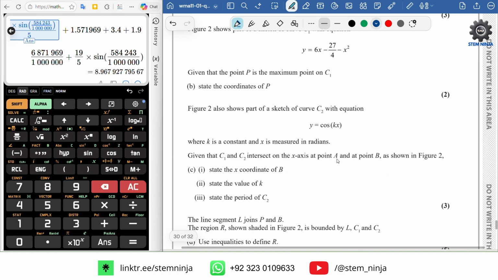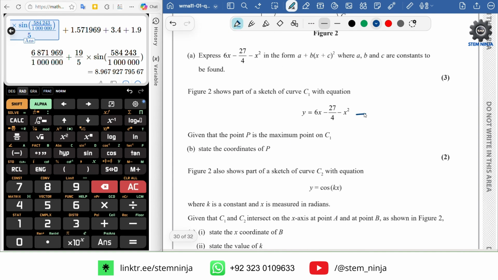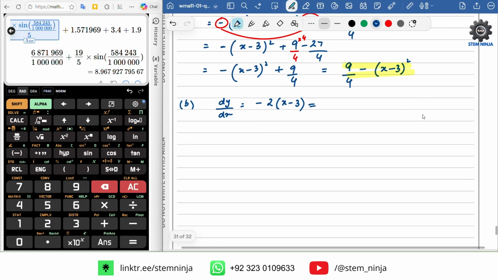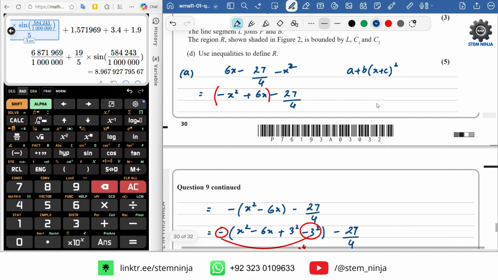Okay, that would have gotten you the same thing if you had just differentiated this thing. So 6 minus 2x. So if you do this, this is still 6 minus 2x. So basically the same thing.